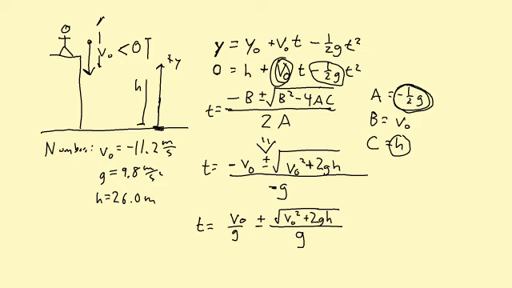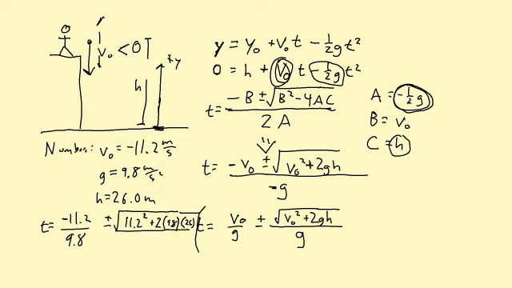This is going to be t equals negative 11.2 over 9.8, and then plus or minus square root of v naught squared, 11.2 squared, plus 2 times 9.8 times 26, all over 9.8.